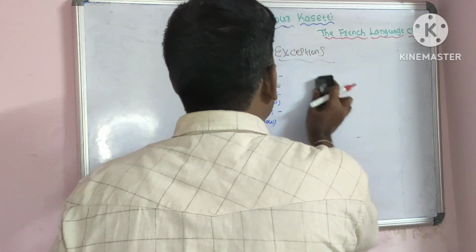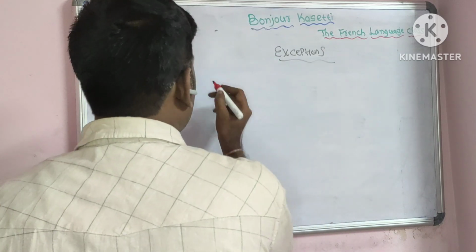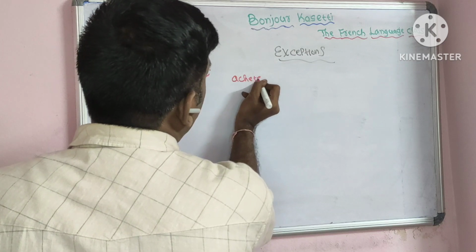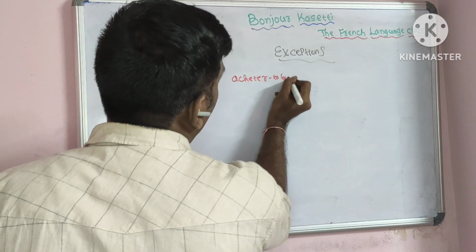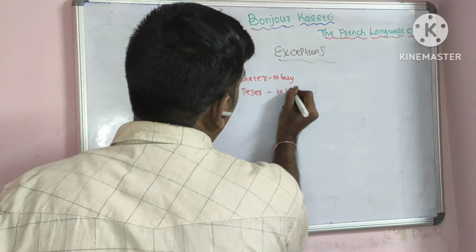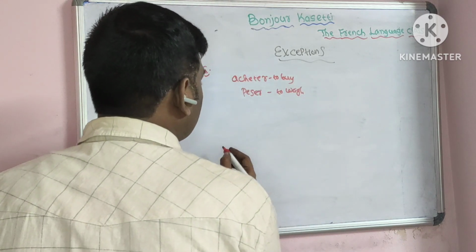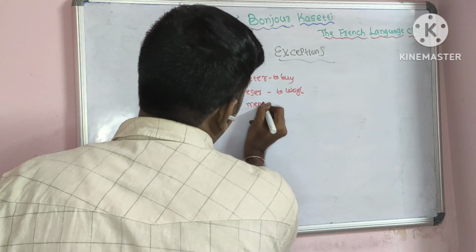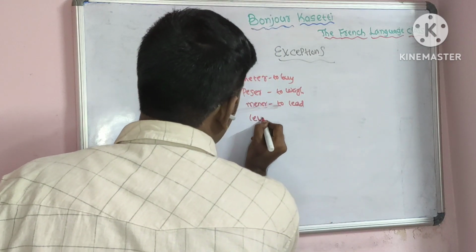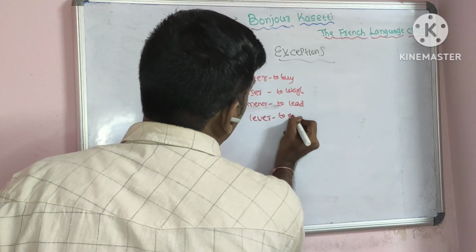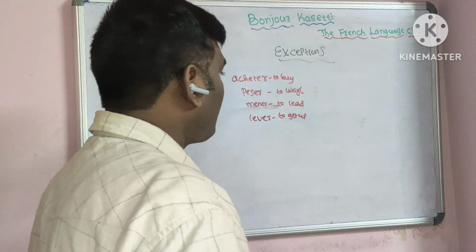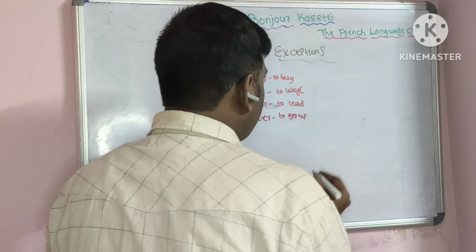We'll see the second type of exception. For example, verbs like acheter means to buy, peser means to weigh, mener means to lead, lever to get up. While writing the conjugation of these kinds of verbs also, we have some exceptions.